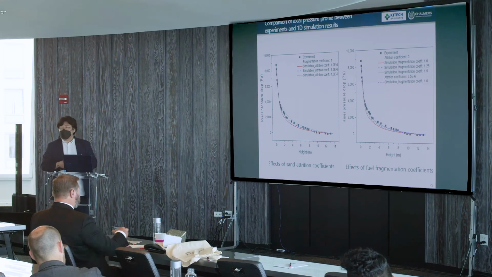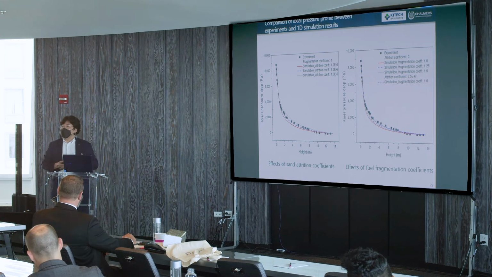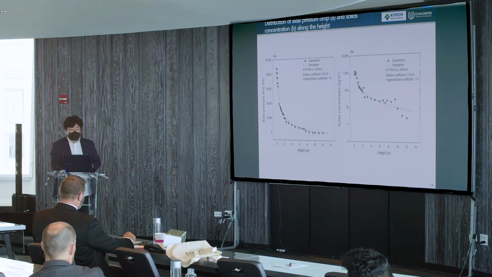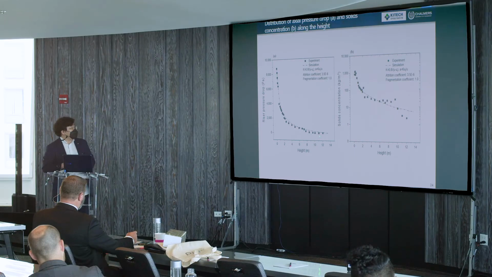And then you can also change the model for the bottom ash discharge and for the cyclone efficiency. So you can compare the result with the experiment for the overall hydrodynamics. And this is one result. So with this coefficient, this is a very satisfactory result, I think.